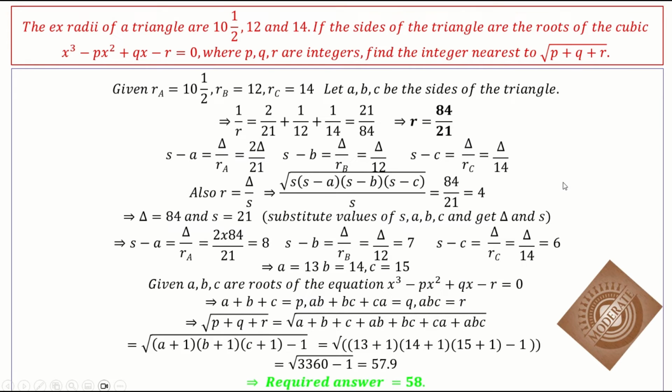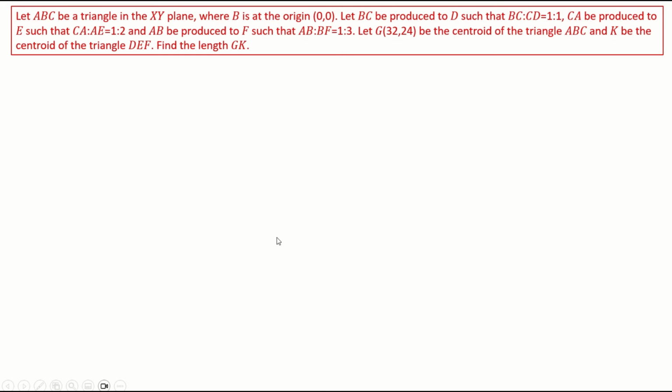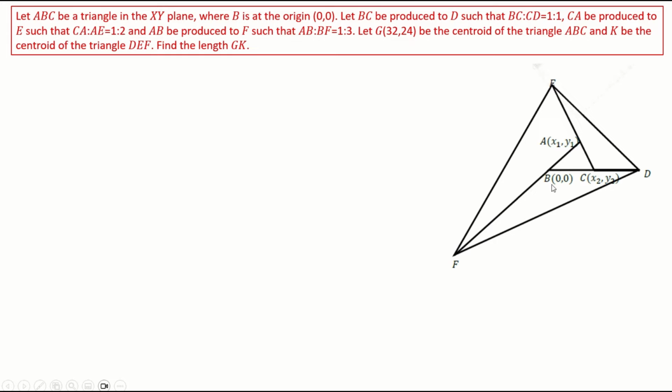Okay. Next, let ABC be a triangle in the xy plane. Let's see the diagram also parallelly. B is at the origin. BC is produced to D such that BC is to CD equal to 1 is to 1. So BC equal to CD basically.